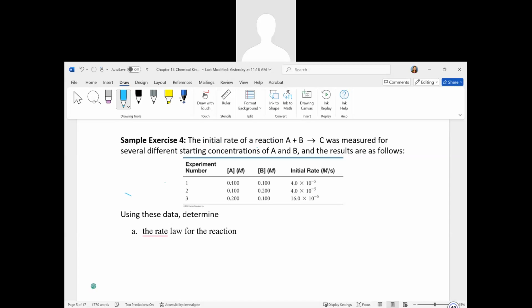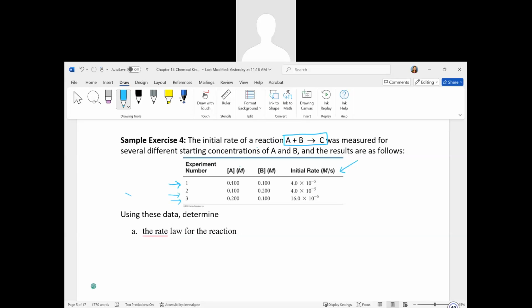First we're given 3 different experiments, experiment 1, experiment 2, experiment 3, and in each we're given different concentrations of reactants A and B and the initial rate in molar per second as the unit. The reaction that occurs is this generic reaction, where A plus B yields C. And again, we have the initial rates of these reactions.